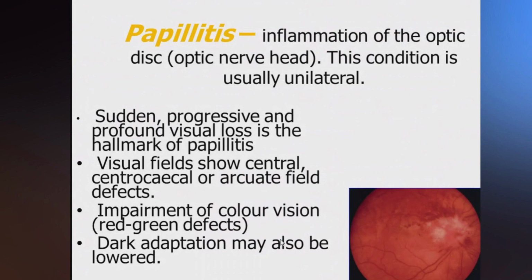In the case of papillitis, the patient complains of sudden progressive visual loss. Visual field shows central or paracentral defects. Also, we can see the changes in color vision, red-green defects.